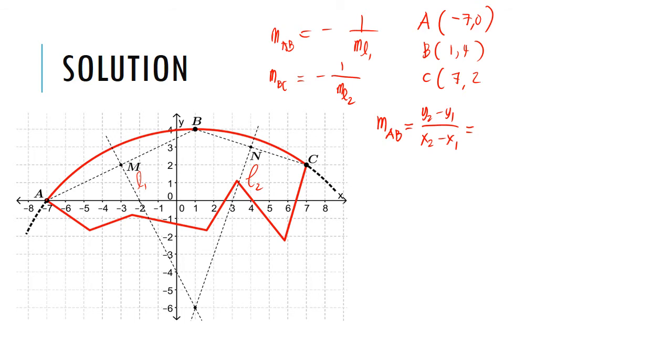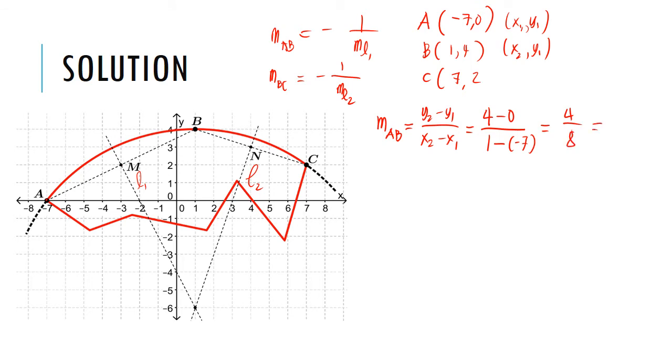So we have 4 minus 0 divided by x2 minus x1, which is 1 minus negative 7. So that is 4 over 1 plus 7, which is 8.